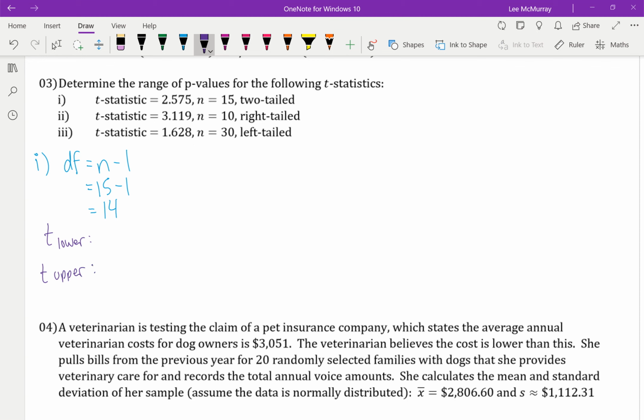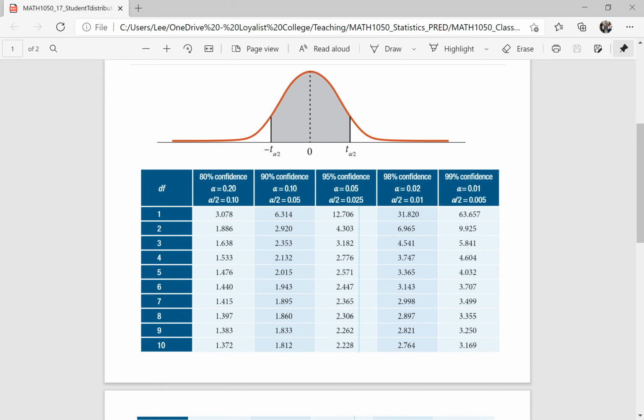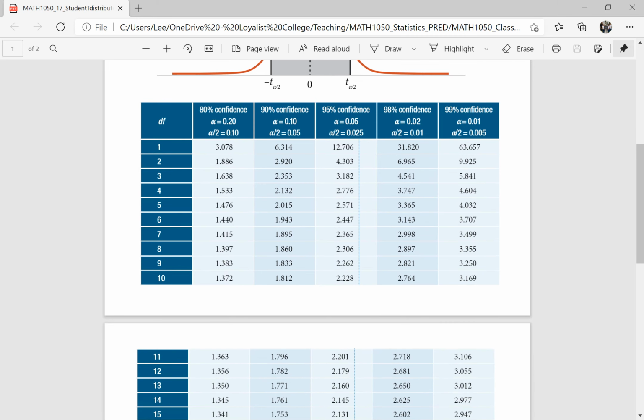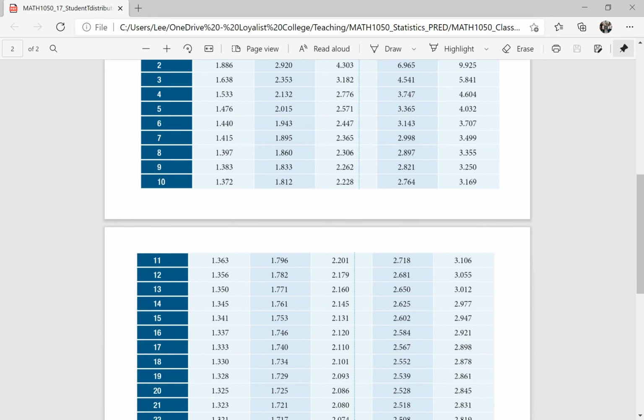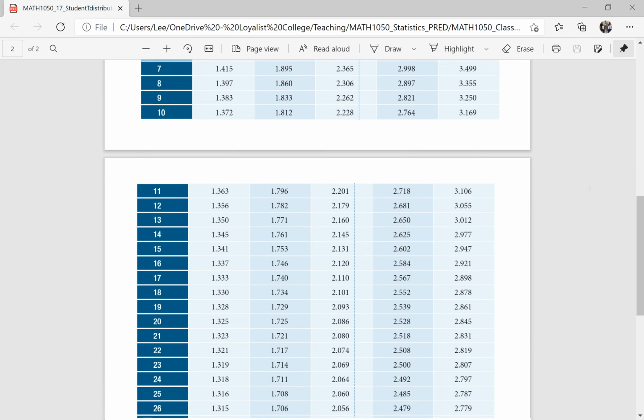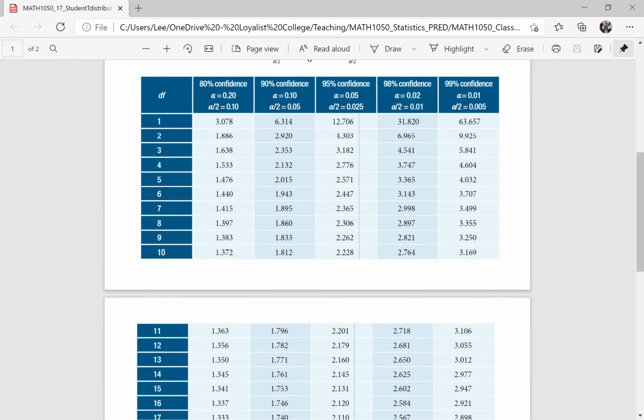Okay, and our t lower, what we're going to do is look that up on our sheet here, and because our test statistic was 2.575 and our degrees of freedom was 14, we're going to use that information to look up what our upper and lower values would be for that number. Okay, so we switch over here, and we are looking at 2.575 in the body once we get to a degrees of freedom of 14.